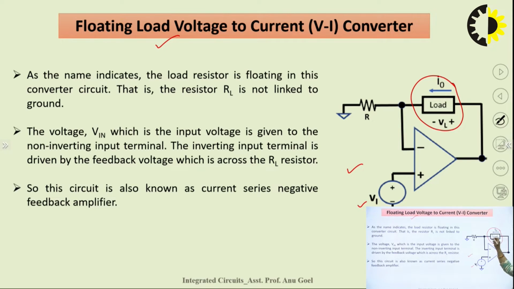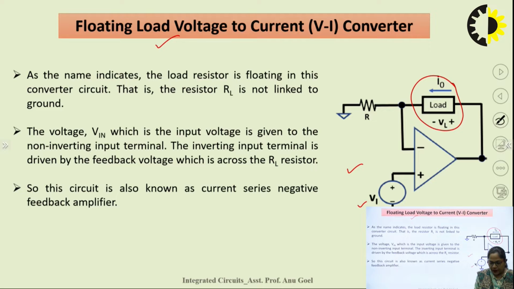Now how will we show that this circuit is working as a V2I converter? We are required to show that the current flowing across the load is directly proportional to the voltage.